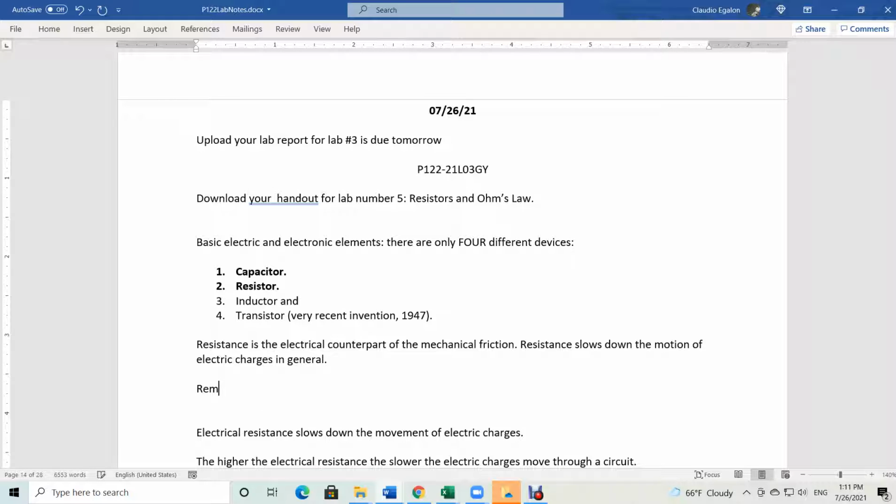Remember the difference between electrical conductors and electrical insulators. What's the difference between them?